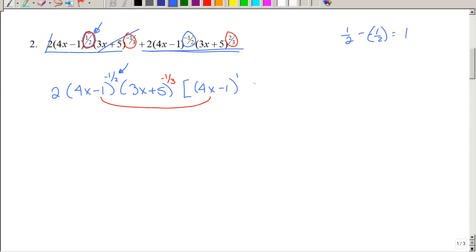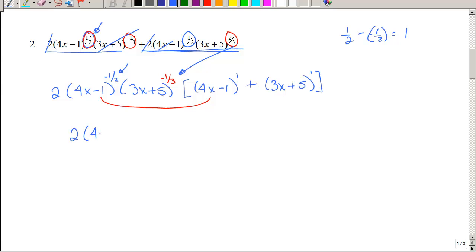So now onto the second grouping, took out the 2, took out that, so I have a plus 3x plus 5. Want to guess what the power is going to be? Yep, it's going to be to the first power. Because again, 2/3 minus a minus 1/3 is positive 1.